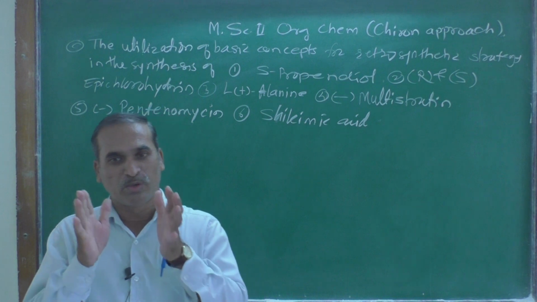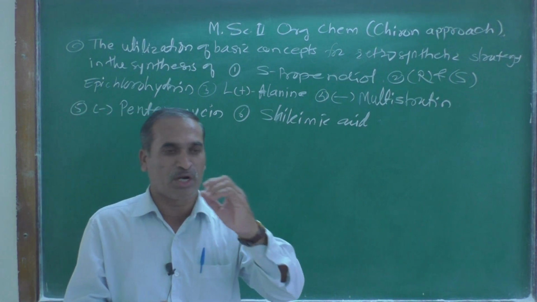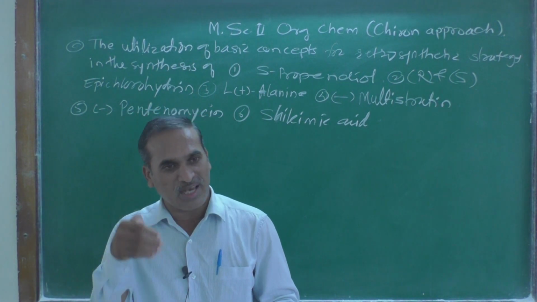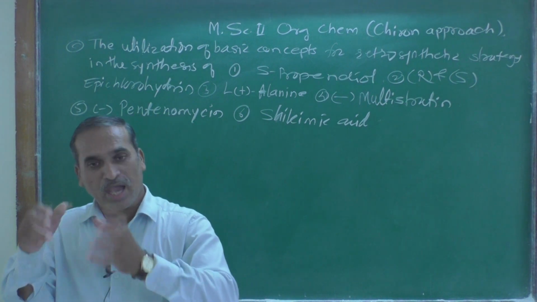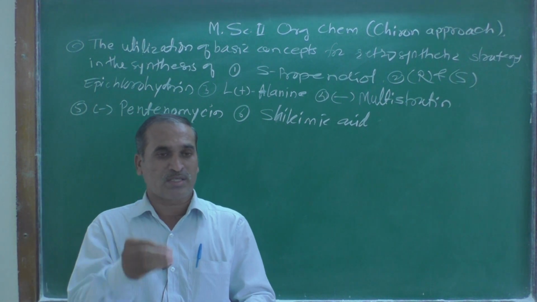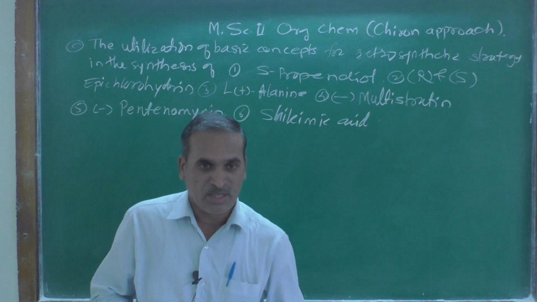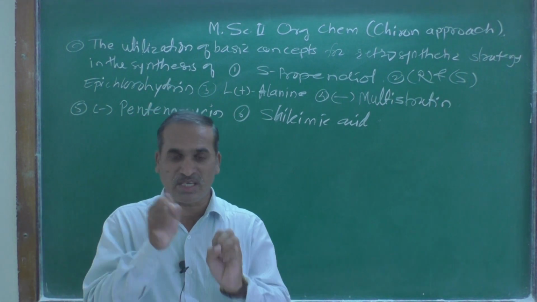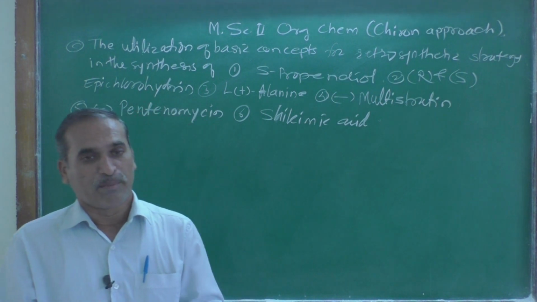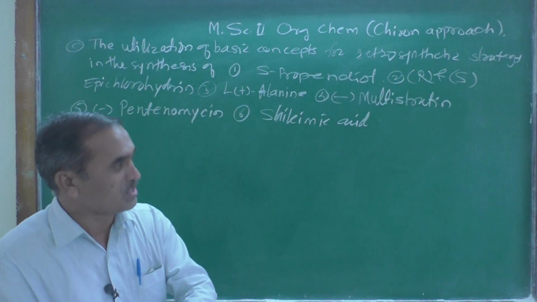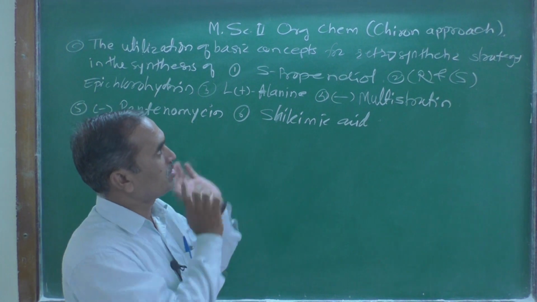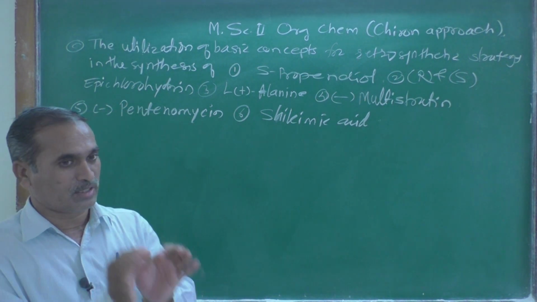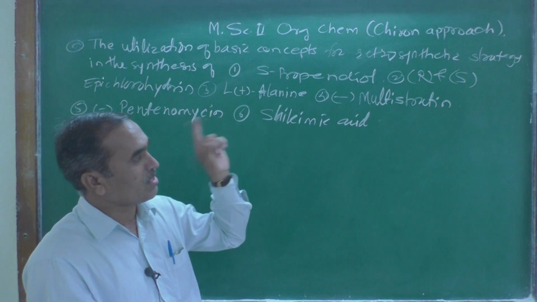We are going to see their retrosynthesis as well as their actual synthesis. What is the mechanism behind it, how to arrive at it, all these basic concepts we have seen so far. But while synthesizing these, we are keeping in mind the Chiron approach.